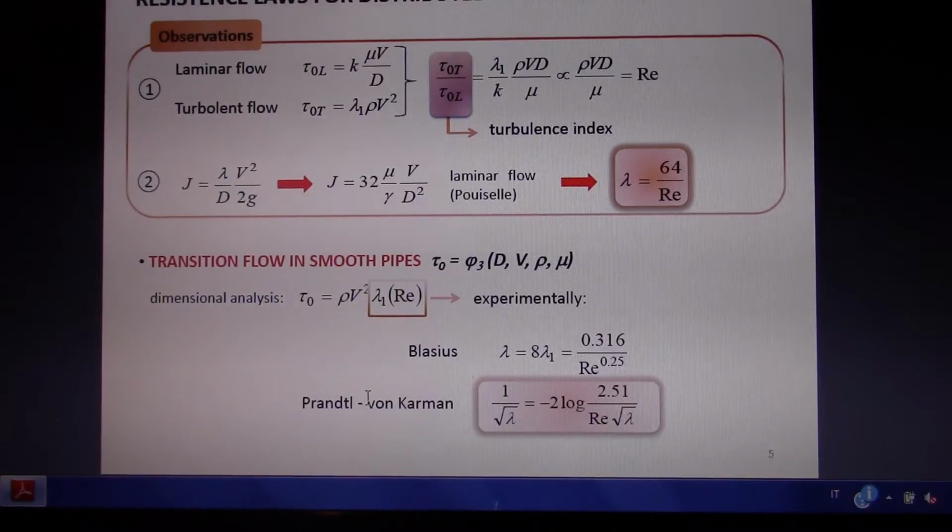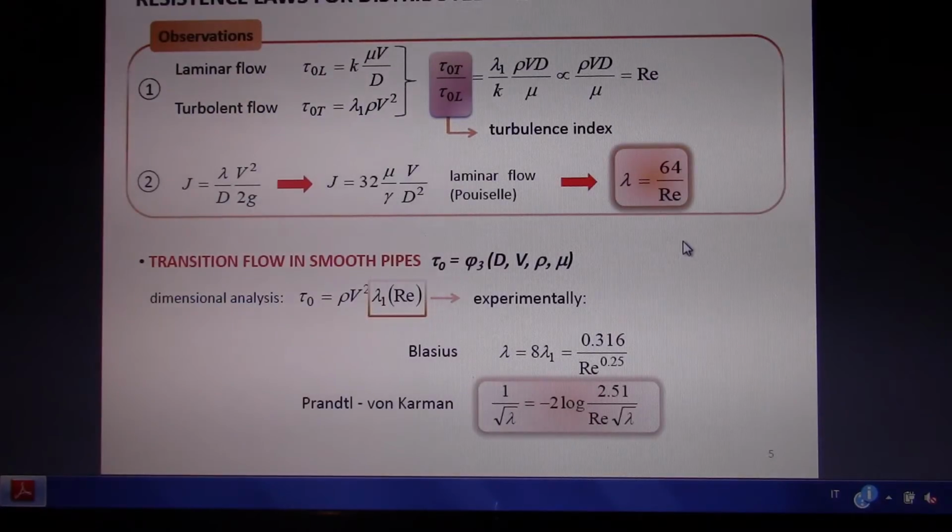Prandtl-von Karman said that 1 over the square root of the friction factor is equal to minus 2 the logarithm of 2.51 over Reynolds times again the square root of the friction factor. So basically you can observe that your dependence is given by the Reynolds number in the transition flow in smooth pipes, and it's a different dependence from the laminar flow.